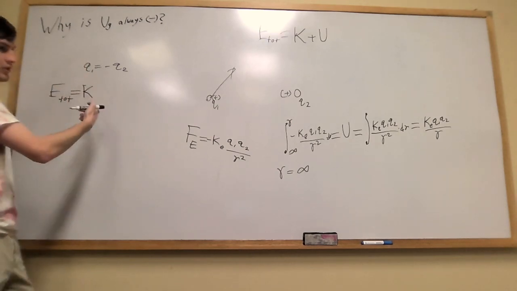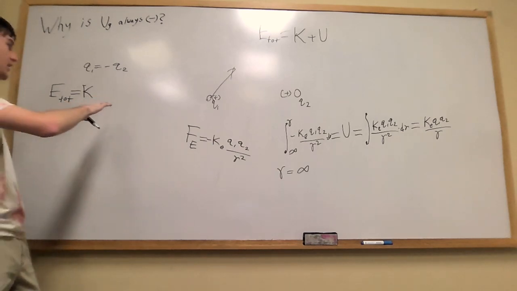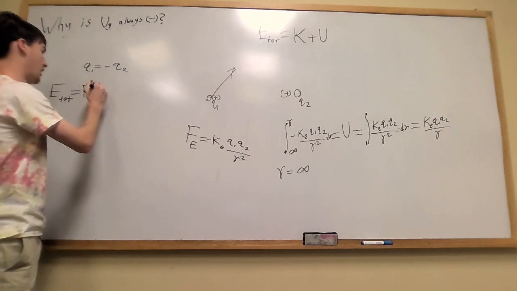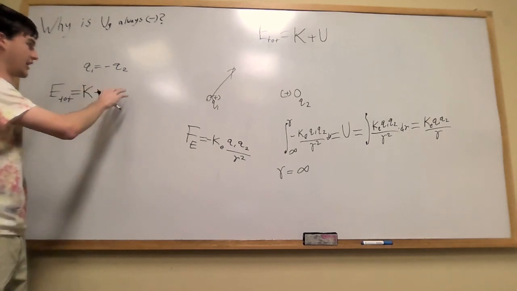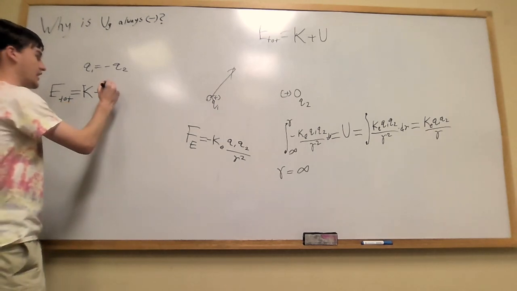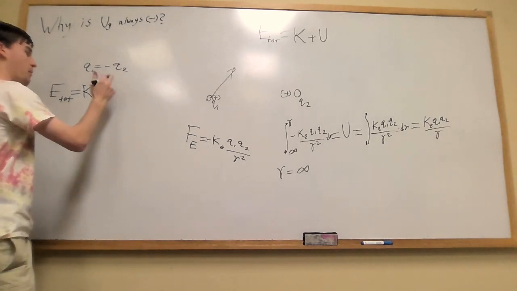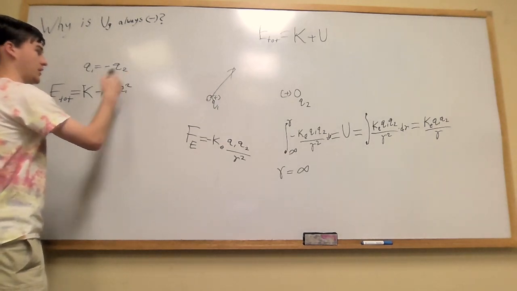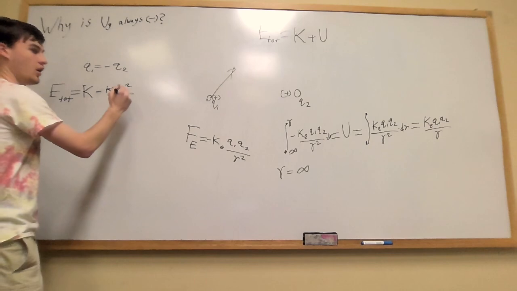The kinetic term doesn't really matter, like I said, because there's no magnetic potential. Let's just forget about that and work on potential. Because this would be a negative quantity, it would be minus k_e Q1 squared over r.